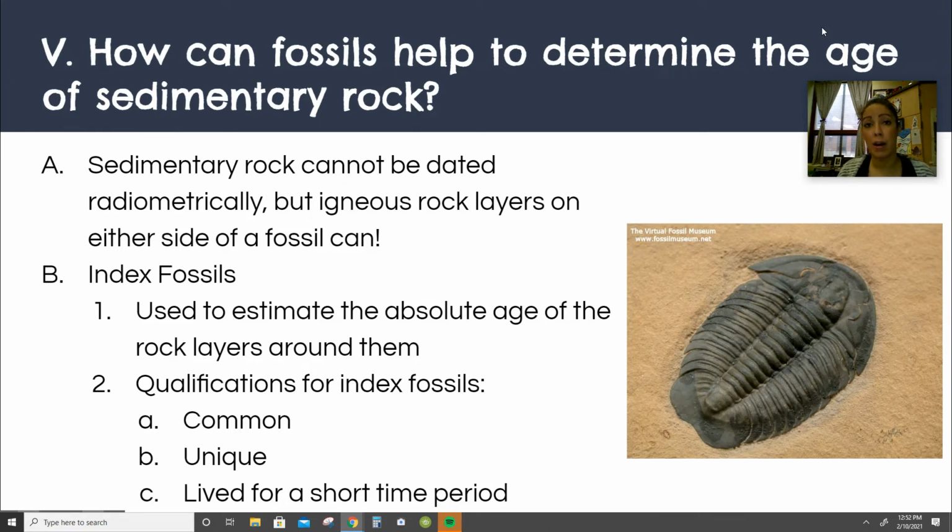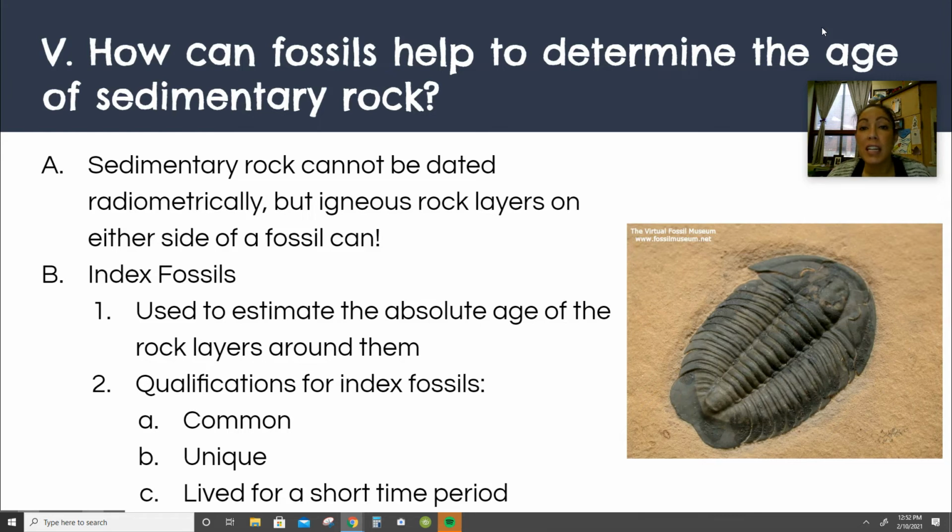Sedimentary rock is made up of broken up bits of other rocks. This makes it impossible to figure out when that sedimentary rock itself came to be. If we use radiometric dating on sedimentary rock, we'd figure out when that sediment formed, not when it became a cemented sedimentary rock layer.